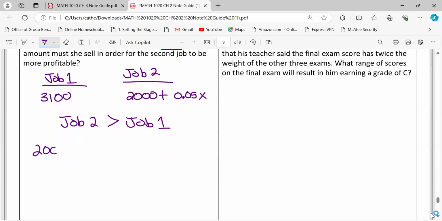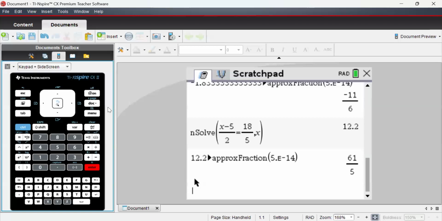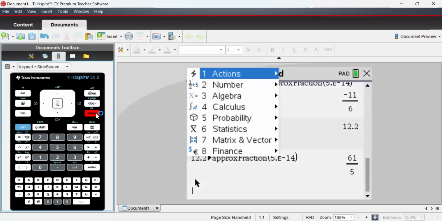So job two is 2,000 plus 0.05x. And job one was a flat monthly pay of 3,100. The good thing about the word problem is they just need that point where that changes. So we're still going to use numerical solve.